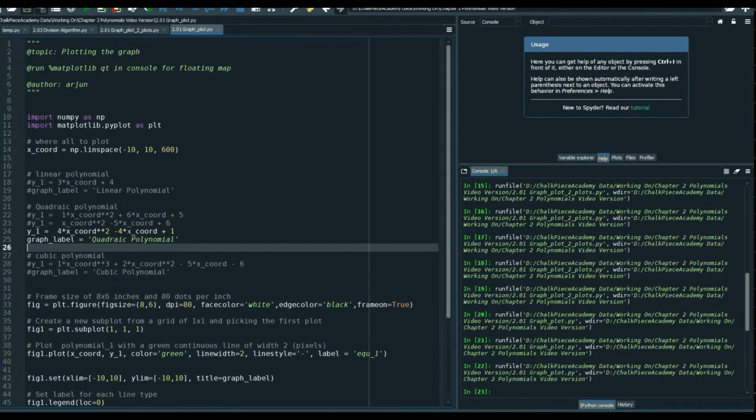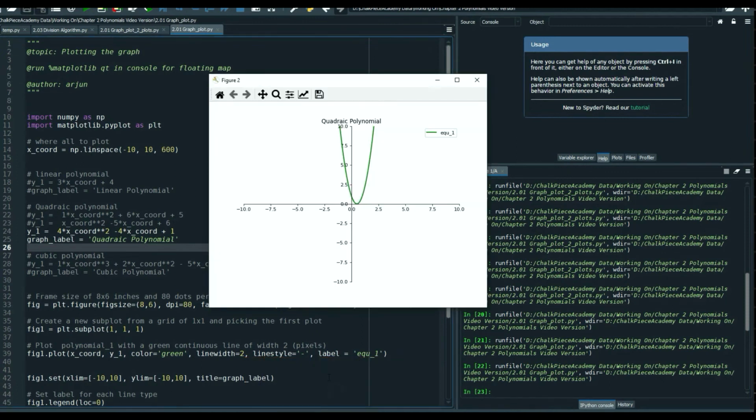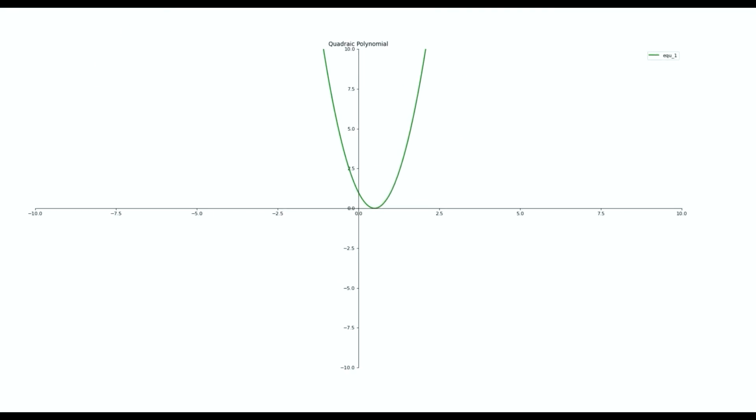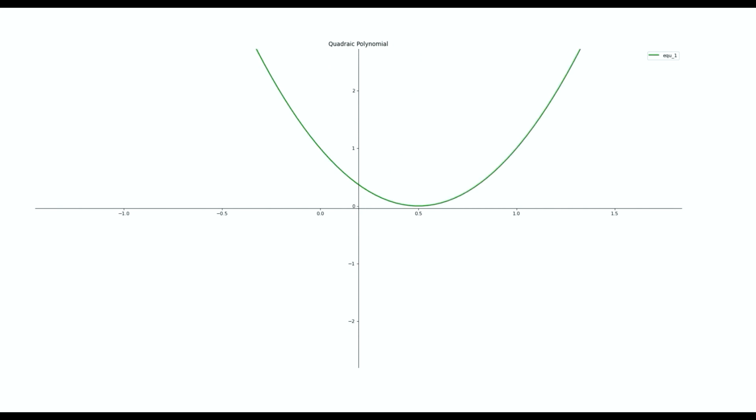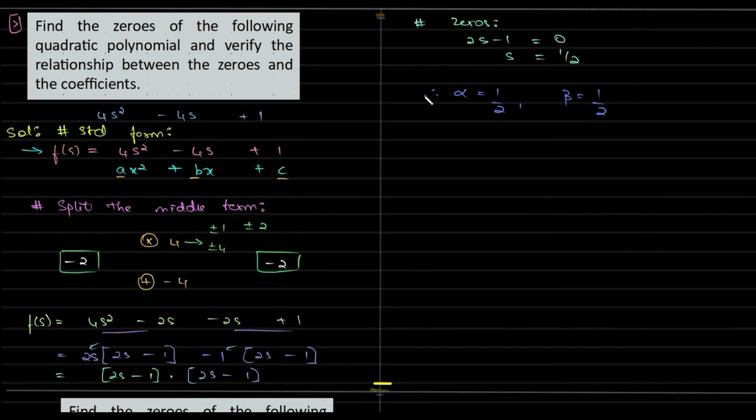Let's execute it and look at the graph. Let's zoom in to get a clear picture, and let me rearrange it a bit. Very clear. The graph is touching the x-axis at half, and there is only one point it's touching, so you have alpha and beta equal to half and half.